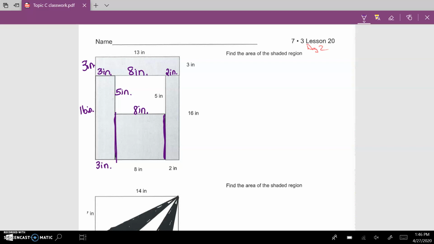So you could go about it a few ways. In total, it's important to note the 3 plus the 16 would give us 19 in total down this whole right side. So if this is 5 and this is 3, that would give us 8, right?